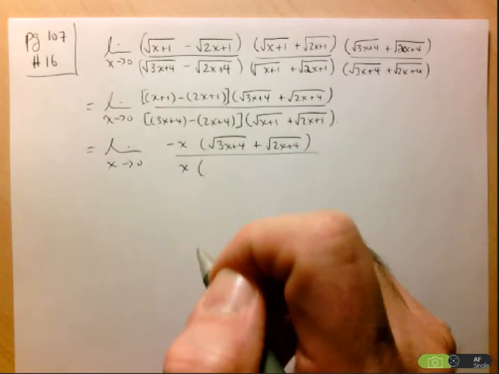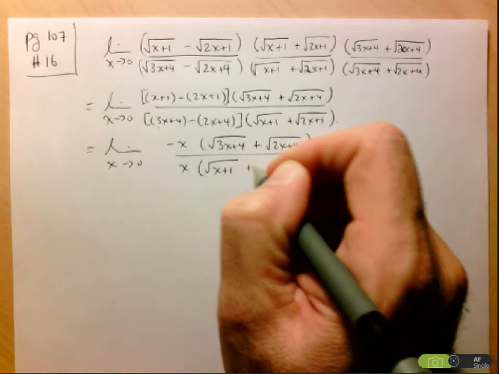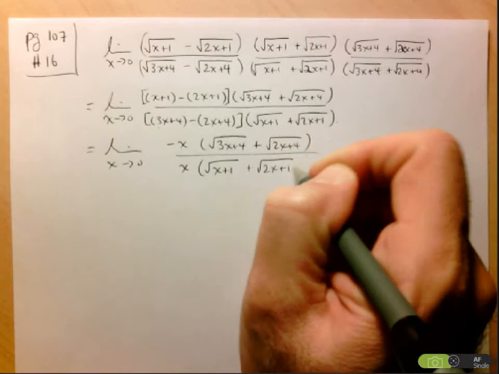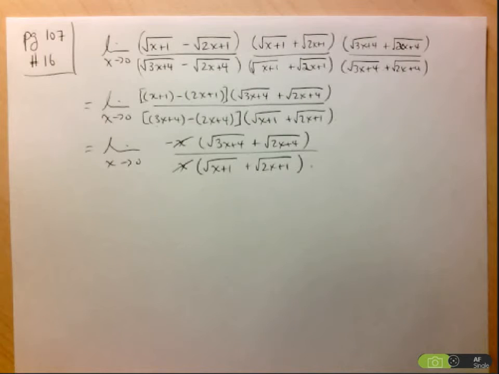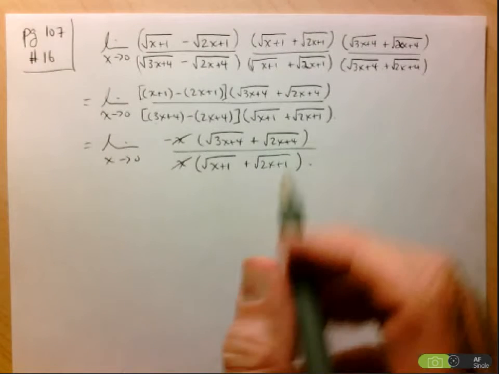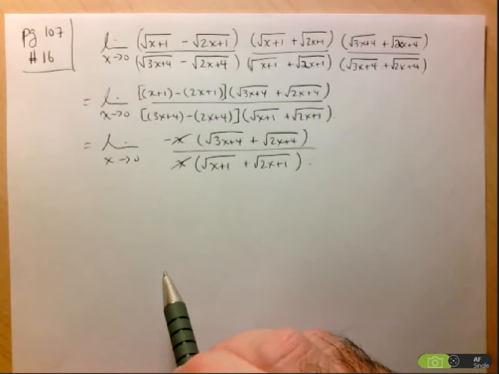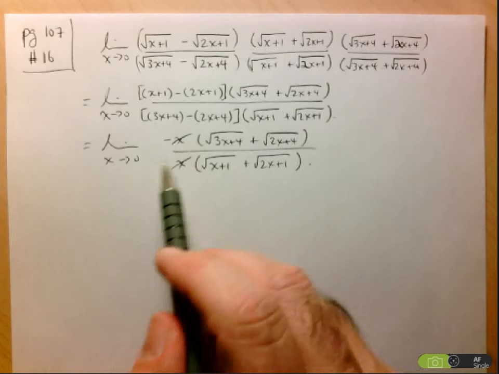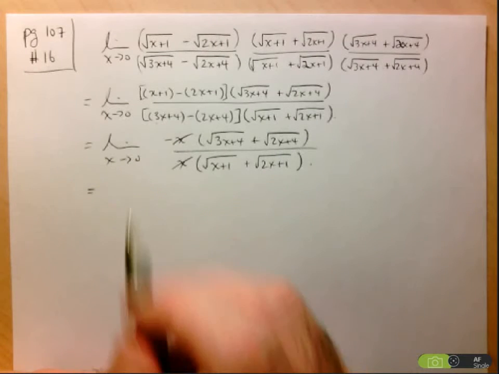So again it simplifies very nicely, and here we're left with root x plus 1 plus root 2x plus 1, and now we can simplify numerator and denominator. What we're left with is an expression where the denominator does not approach 0 anymore, hence we can just evaluate the limit by inputting the value that x is approaching.